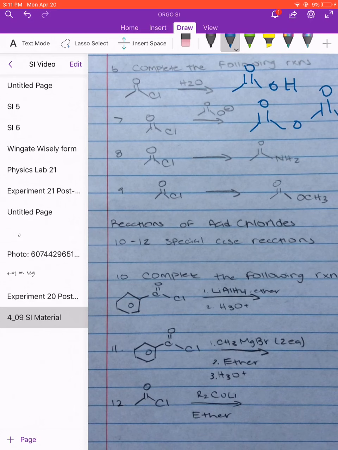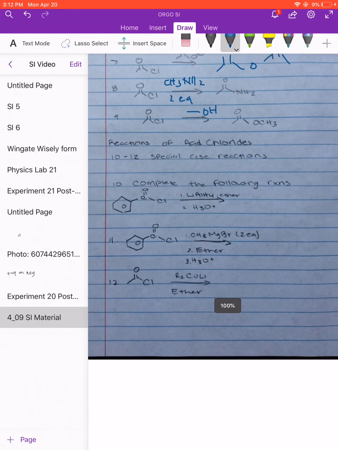We need 2 equivalents of CH3NH2 to form that product. And finally, how are we going to form an ester from an acid chloride? Well, we can just use a primary alcohol. A primary alcohol. Okay.